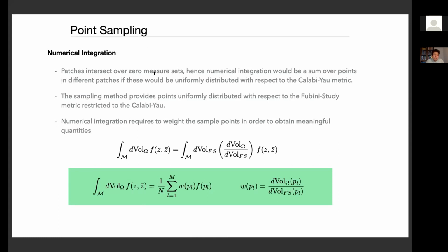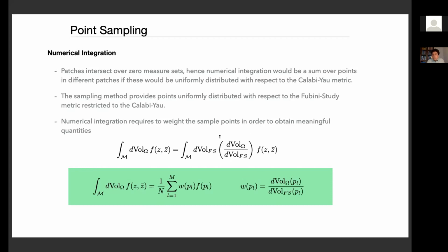And then in order to get sensible numerical integrations, we have to weight those points by a prior in such a way that if I want to compute the integral of a given function, I should take the measure of the Fubini-Study, and then you get these quotients of differential volumes.